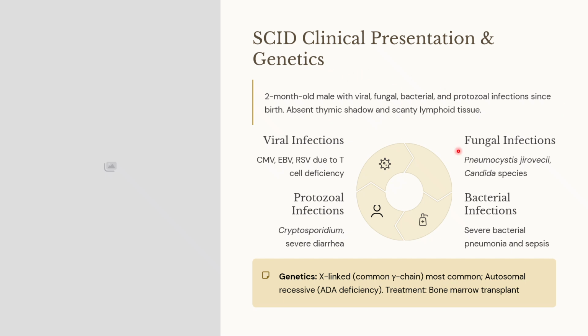So in severe combined immunodeficiency, there will be a problem of both the T cells as well as B cells. Since there is T cell deficiency, there are viral infections, fungal infections, bacterial infections, and B cell associated protozoal infections too. This is the first type in severe combined immunodeficiency.